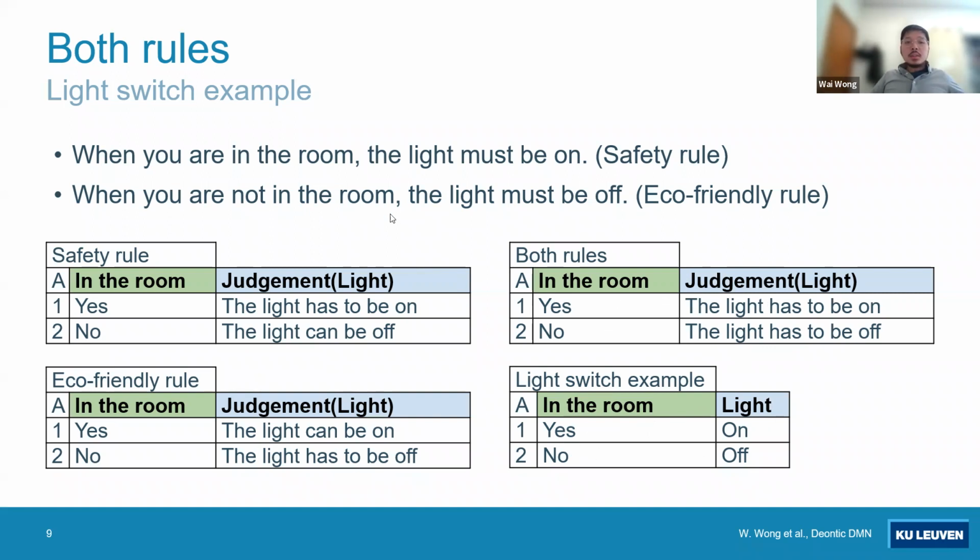But if you represent the rules separately, without further specifying the relationship between the Deontic terms, the system itself will not be able to deduce this for both rule tables. It cannot say that it has to be on.